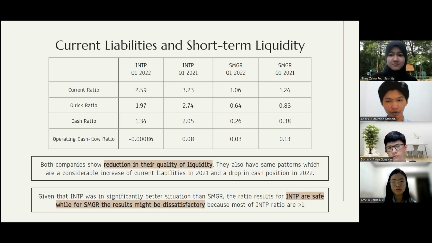If the ratio is more than 1, it means that INTP has more liquid assets to pay its current liabilities, while SMGR, on the other hand, has fewer liquid assets to pay its current liabilities. In other words, we can say that SMGR is riskier in paying its current liabilities. Next slide.